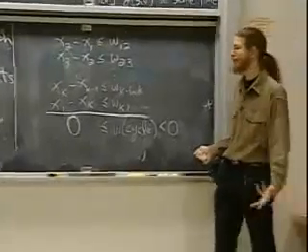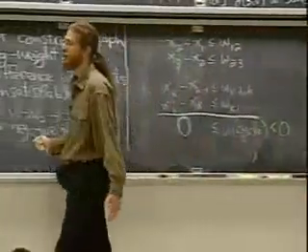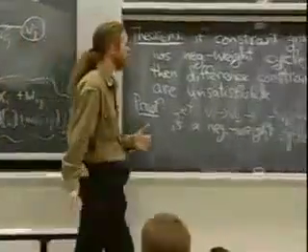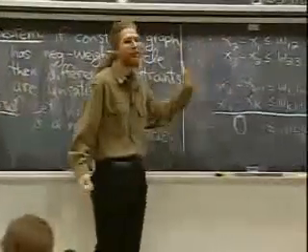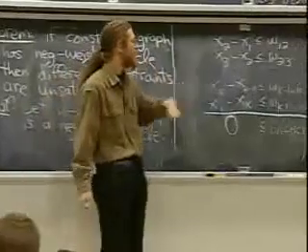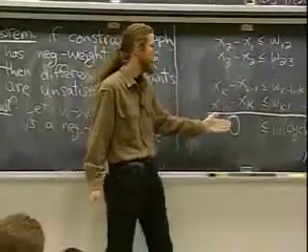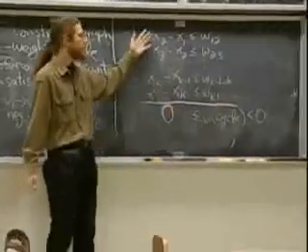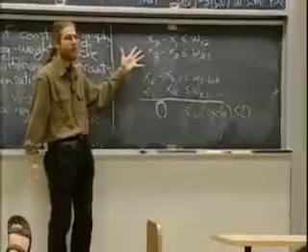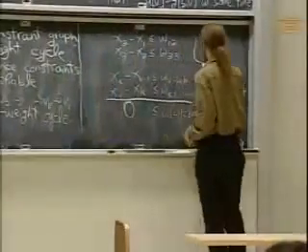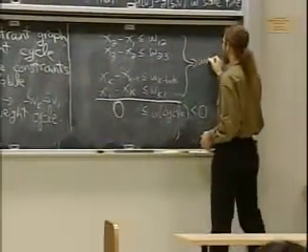Contradiction, wait a minute. We didn't assume anything that was false. So it's not really a contradiction in the mathematical sense. We didn't contradict the world. We just said that these constraints are contradictory. In other words, if you picked any values of the xi's, there's no way that these could all be true, because then you would get a contradiction. So it's impossible for these things to be satisfied by some real xi's. So these must be unsatisfiable.